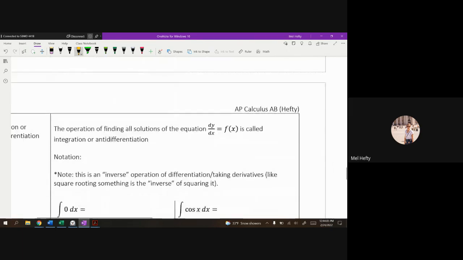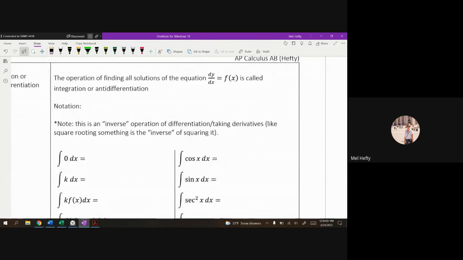So let's go ahead and we're going to write some of these rules down. I'm also going to show you the notation for doing this antiderivative process. You're going to notice it looks very similar to what we did at the beginning of the day. All right, this is what the notation looks like. Is anything kind of glaringly obvious or missing?